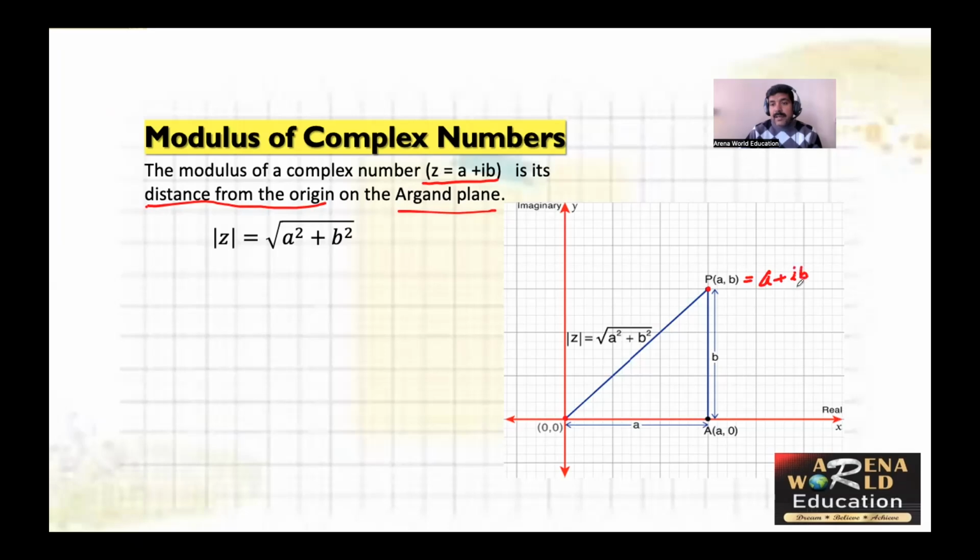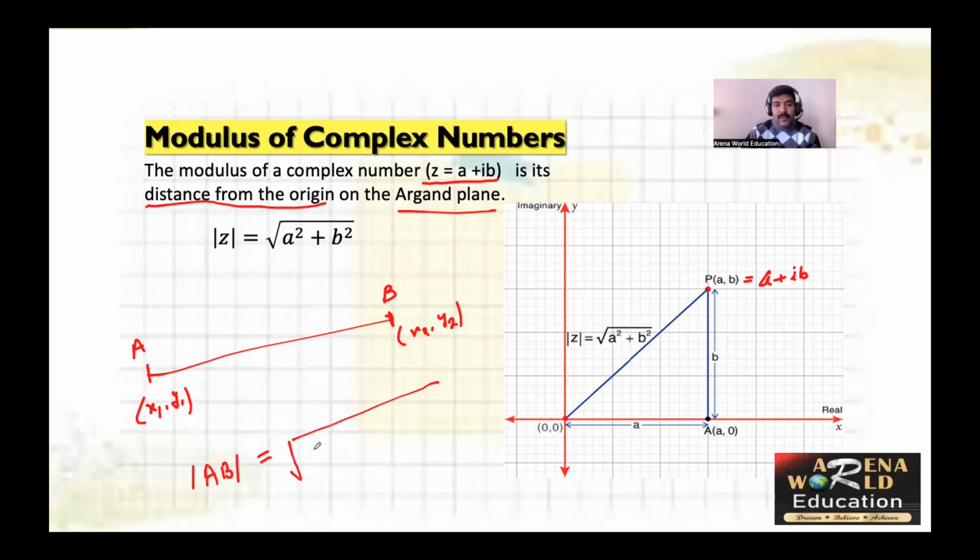The complex number is a plus iota b, right? So if 0 comma 0 and a comma b, how do we find the distance between 2 points? If we are having x1 y1, this is point A, and point B is having coordinates x2 comma y2, then the distance between A and B is equal to the square root of x2 minus x1 whole square plus y2 minus y1 whole square, right?